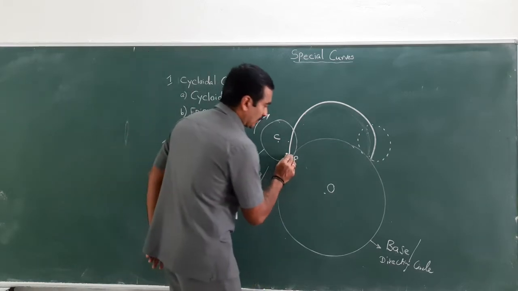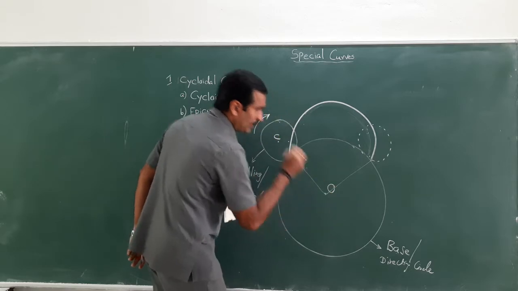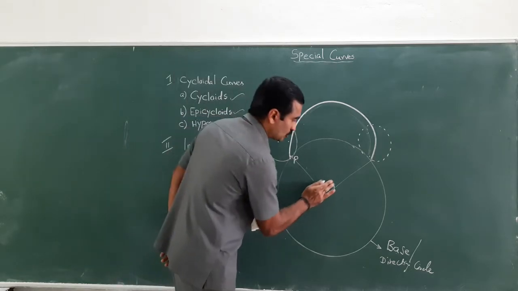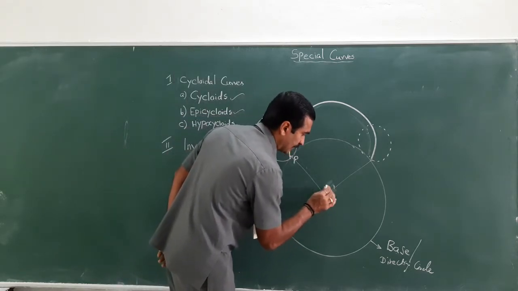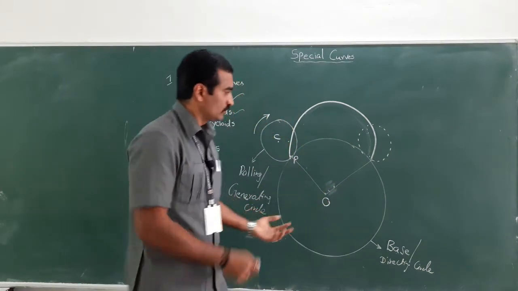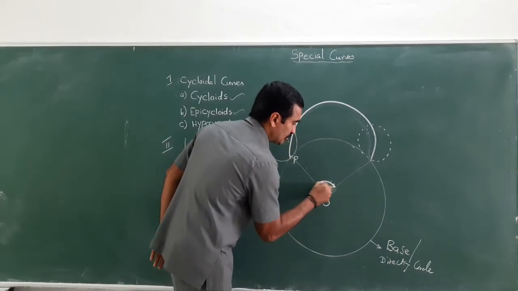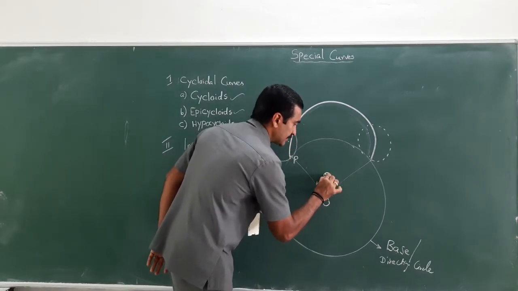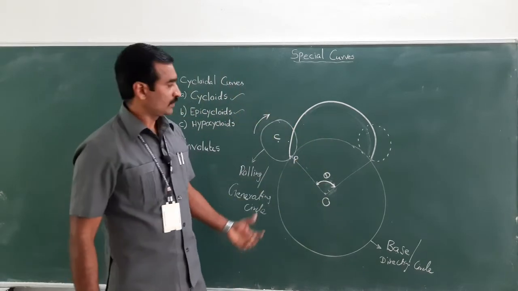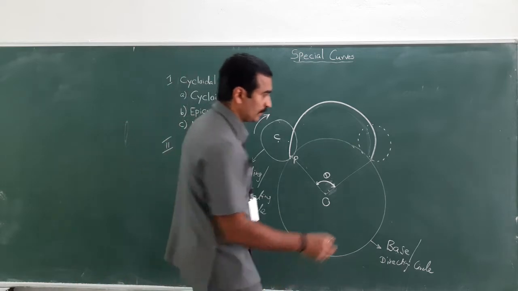Look at this sector. To complete one full revolution, the sector which would have been covered over the base circle is termed as theta. Right? So what would be the formula for theta?